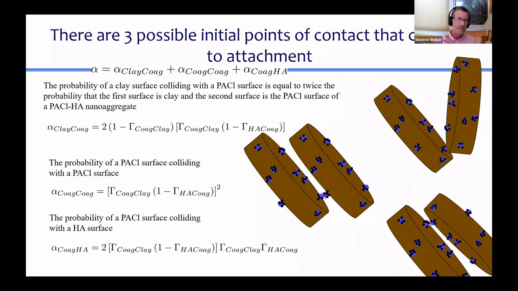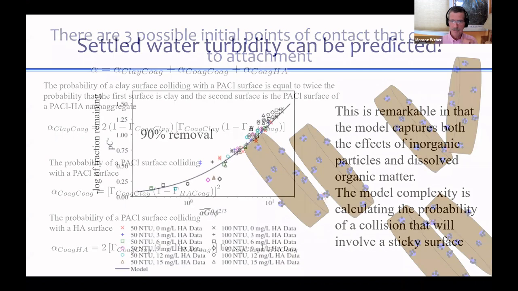There's a couple of slides about how you can actually calculate how much of these particles are coated with sticky surfaces, like what the fraction of sticky surfaces is. It's geometry and probability. I don't want to go into the details, but I want you to know that this is all part of the model, and it's relatively simple ideas of geometry and probabilities.